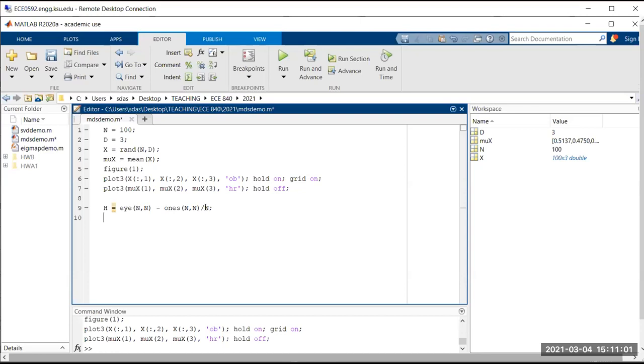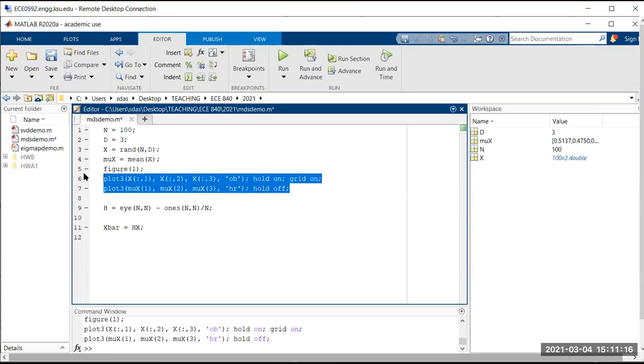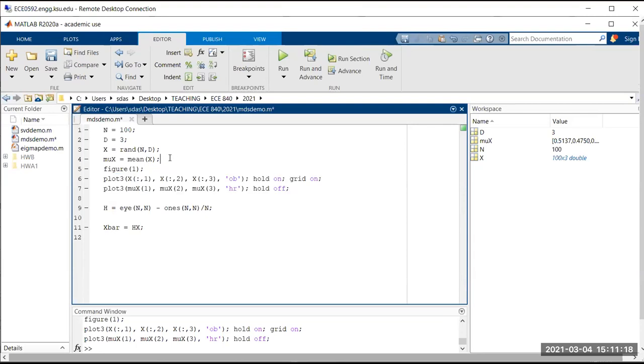Okay, so this is my H matrix. And then X bar equals HX, correct? And then now let me compute mu X bar. Let's do just this step.